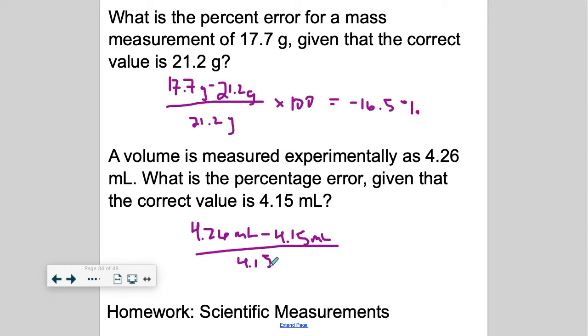Your hands are so fast you can type it into the calculator at blazing speed. Okay, 4.26 minus 4.